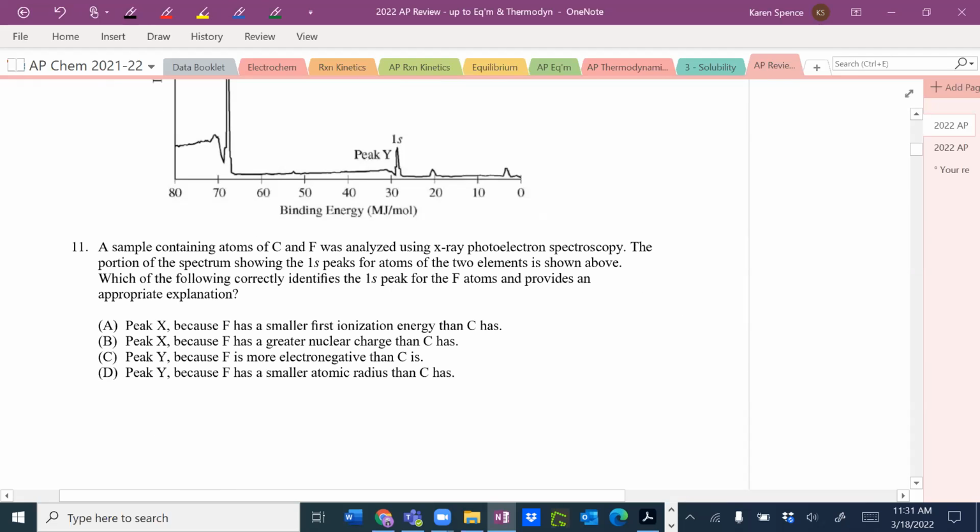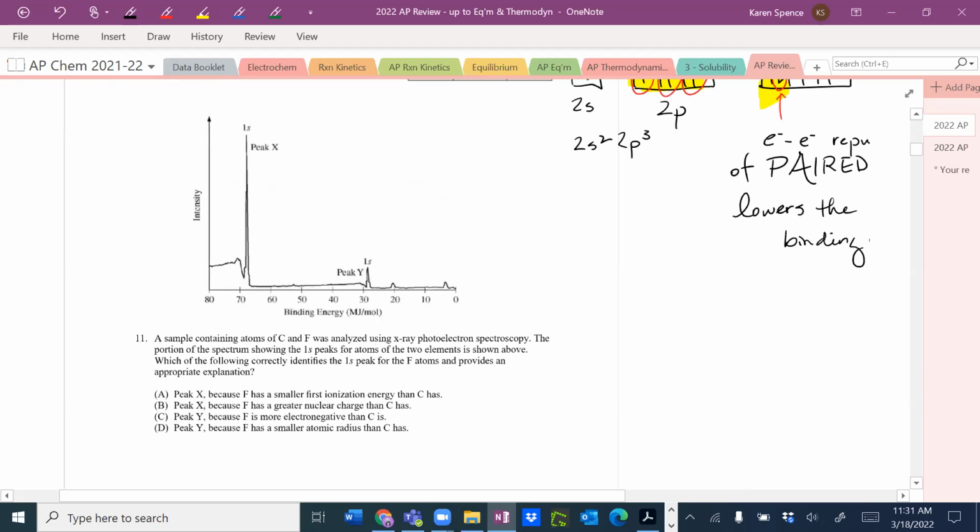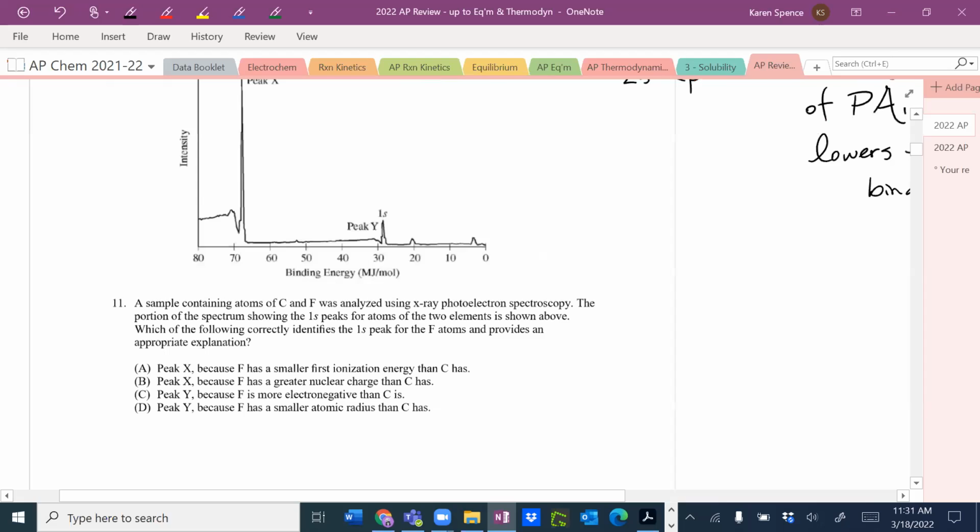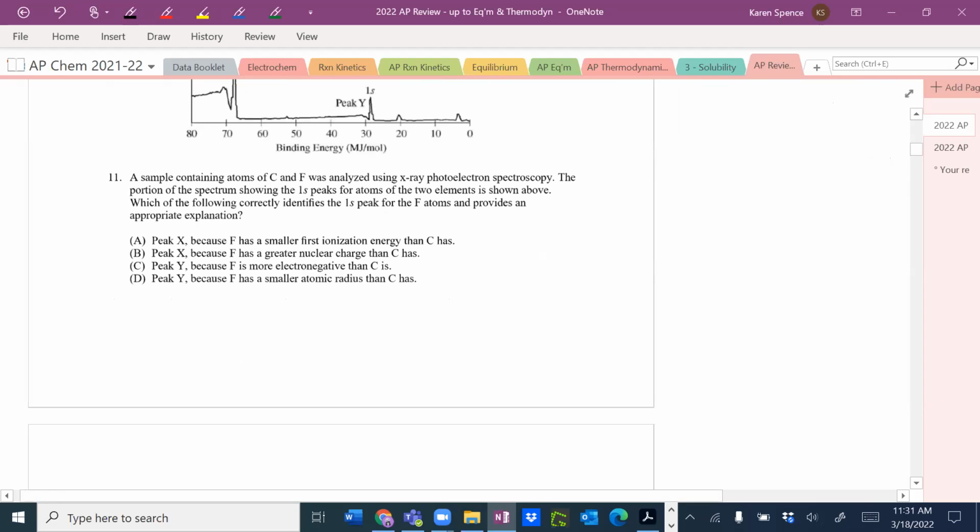Okay, number 11. Ooh, photoelectron spectroscopy again. The portion of the spectrum showing the 1s peaks for atoms, so these are 1s for 2 elements, which of the following for C and F correctly identifies the 1s peak for F atoms and provides an appropriate explanation?